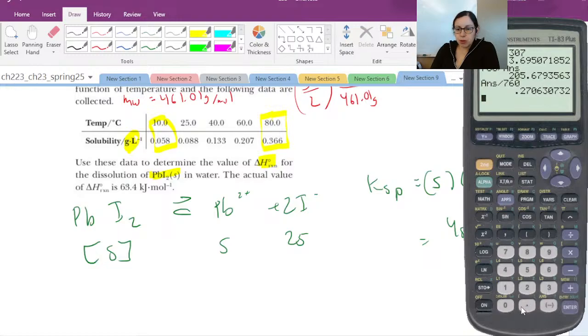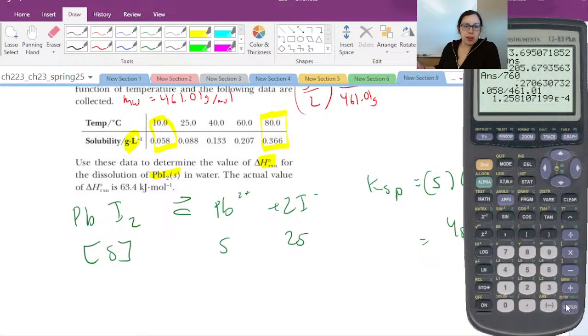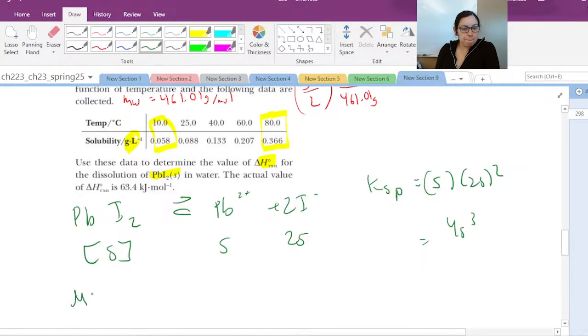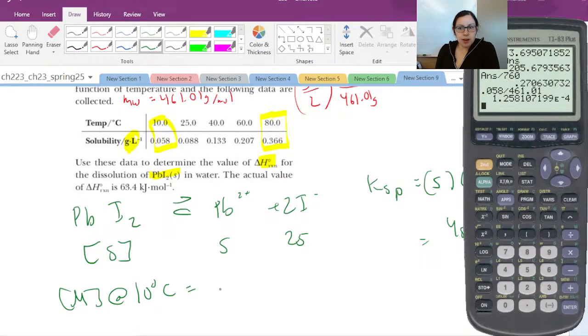All right, so let's start doing that. So now I'm just going to put numbers. So I'm starting with my gram solubility, dividing it by 461 to get my molar solubility. And again, I'm just kind of rewriting everything here.